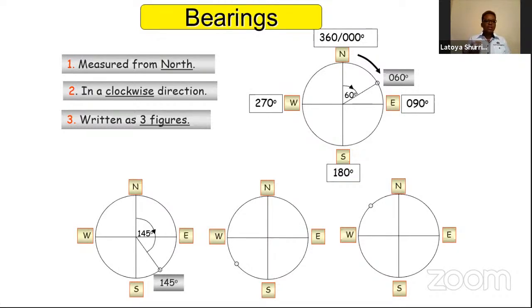The second one, quickly. What's the angle there? Remember, we're looking at the bearing and we're starting from north in a clockwise direction. And this point on the circumference is nearer to west, but not so far from south.